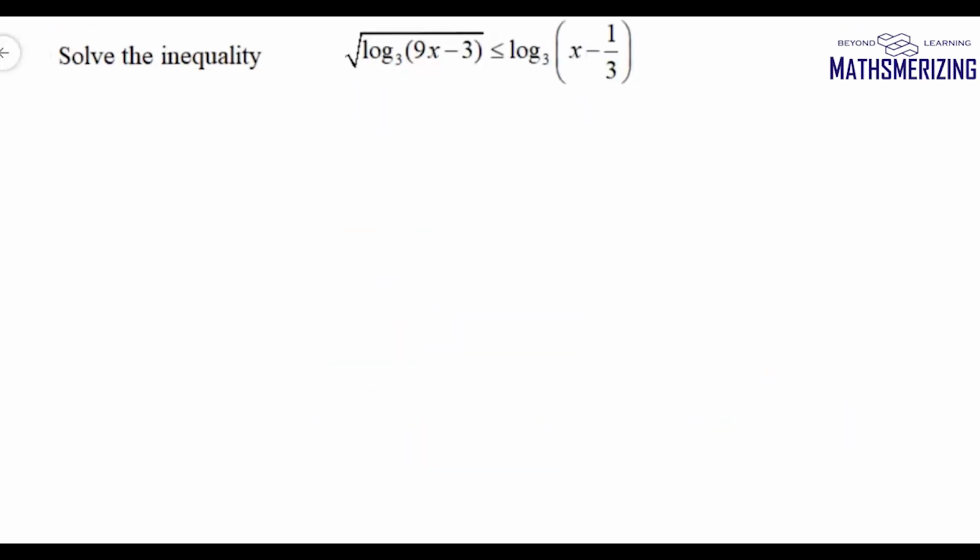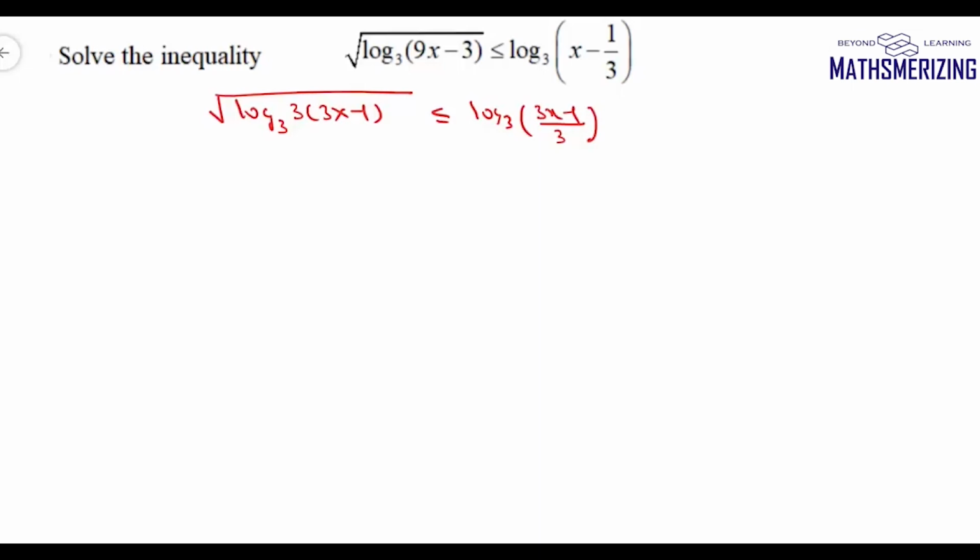Now the question is, solve the inequality under root of log 9x minus 3 to the base 3 is less than or equal to log x minus 1 by 3 to the base 3. So what I'll do is I'll write it as under root of log, and I'll write 3 into 3x minus 1, and here also I can write it as log 3x minus 1 by 3.